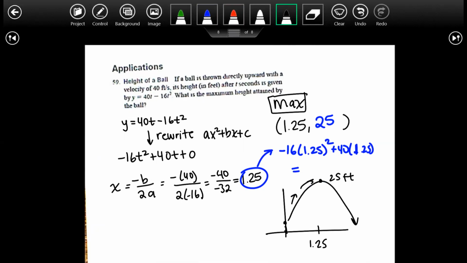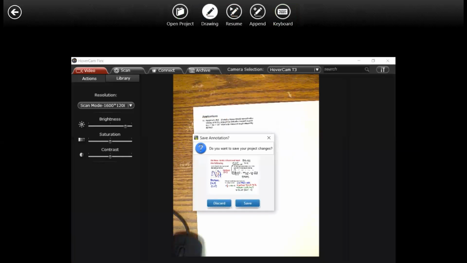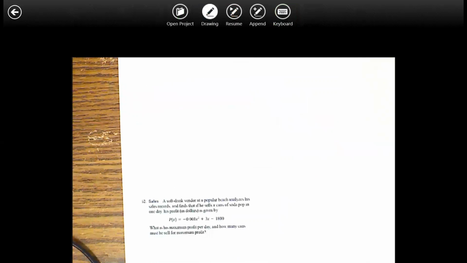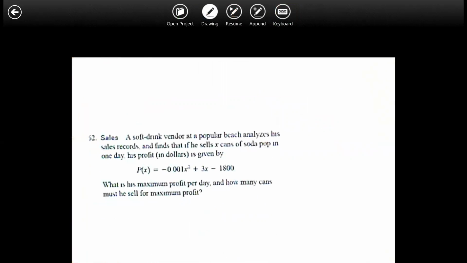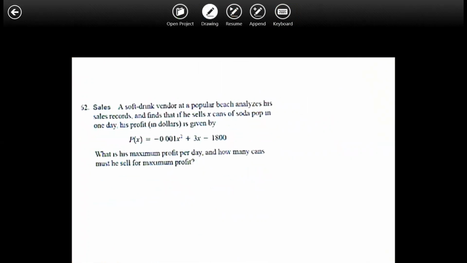And I want to give you one more to try out. We're going to discuss this. This is the one we're going to give you. Sales. A soft drink vendor at the popular beach analyzes his sales records. He finds out that if he sells x amount of cans, then one day the maximum profit is given by the following equation.